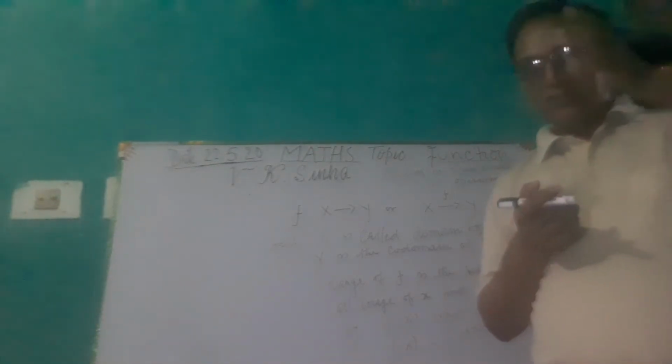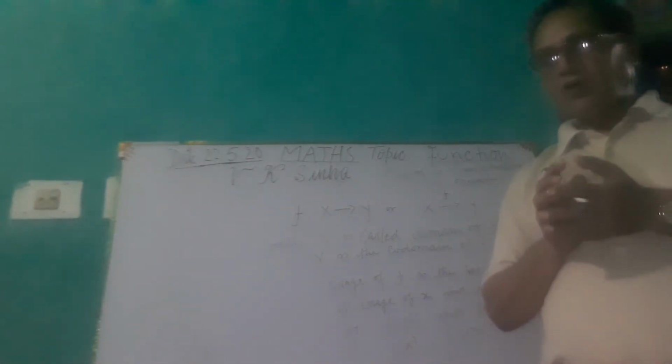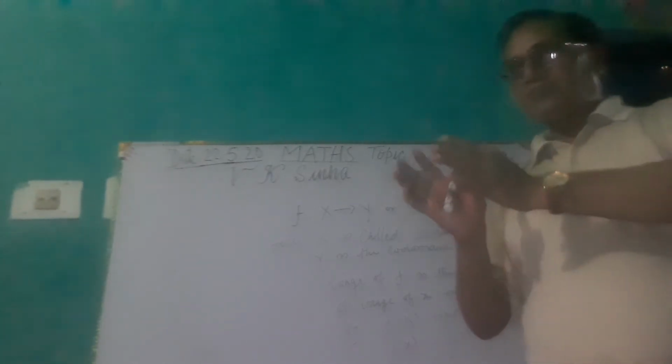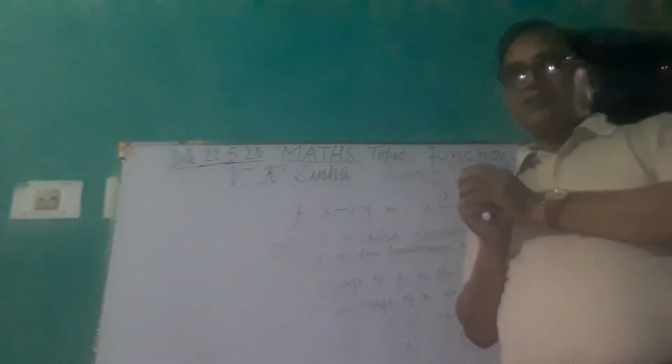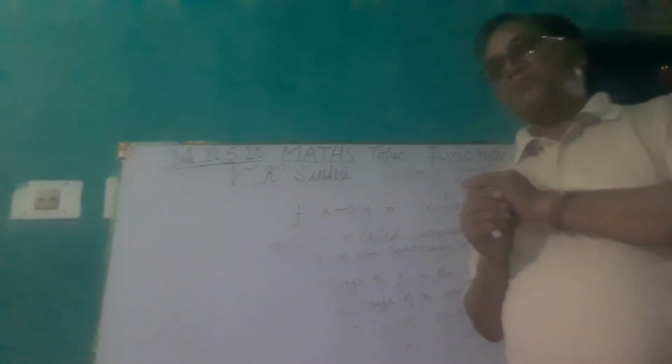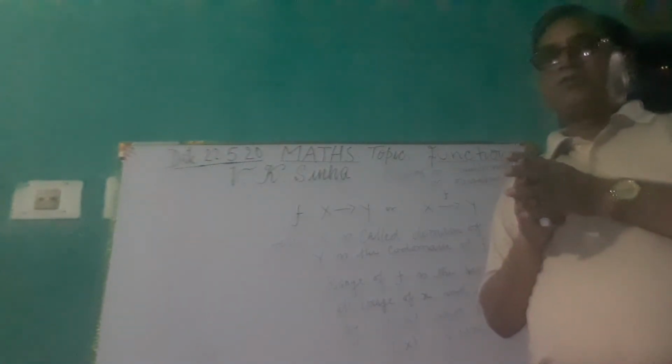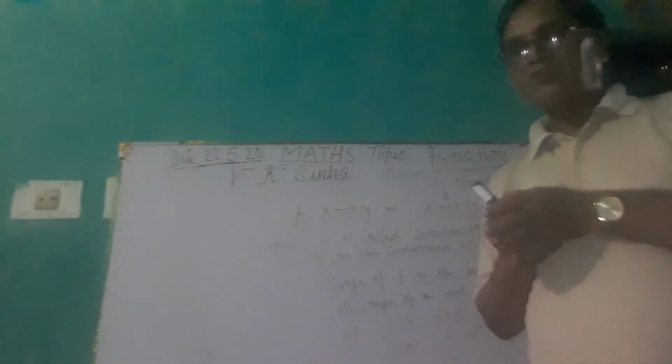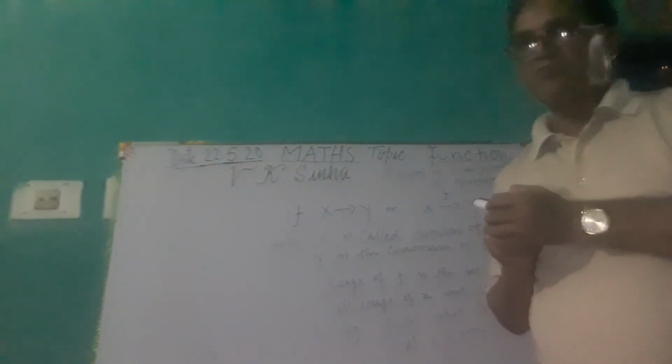If the images of different elements, different objects of the domain are different, then the function is said to be one-one. And if more than one element of the domain have the same image in Y or codomain, then we say that the function is many-one.